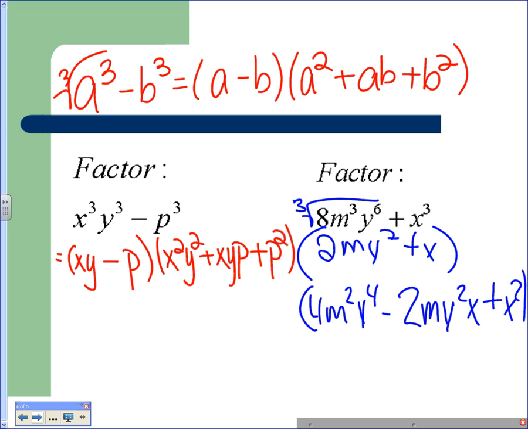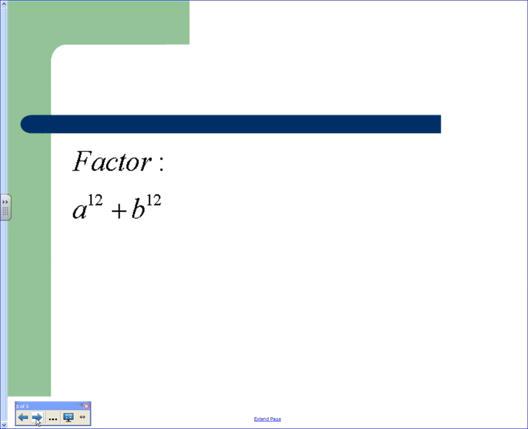You know how to plug it into the formula or you don't. Any other questions on the factoring? Okay. Looking at one more. Oh, wow. Yes, this is the last one.